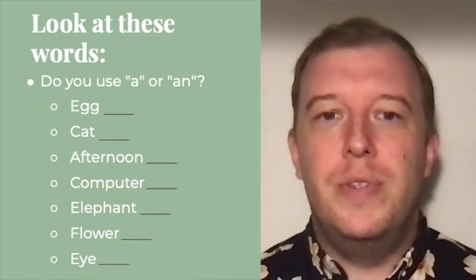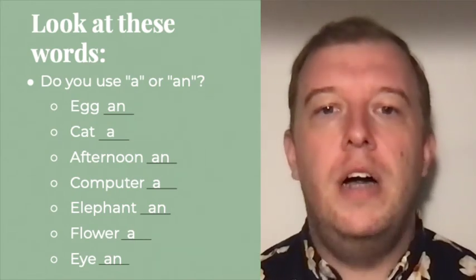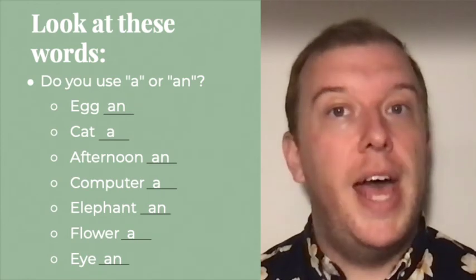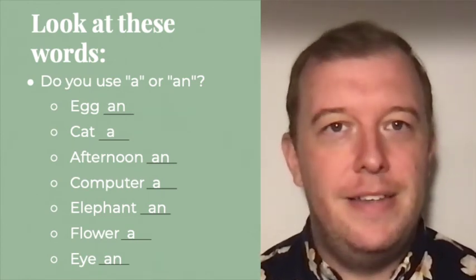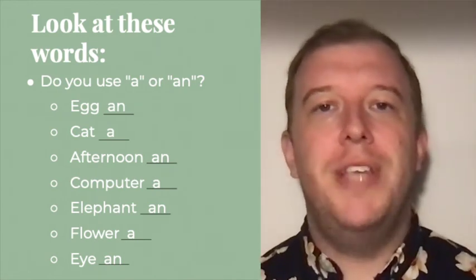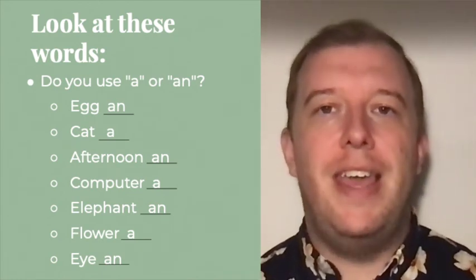So, we would say an egg, a cat, an afternoon, a computer, an elephant, a flower, an eye. Again, vowel words, soft words, we use an. Consonants and anything else, we use a.